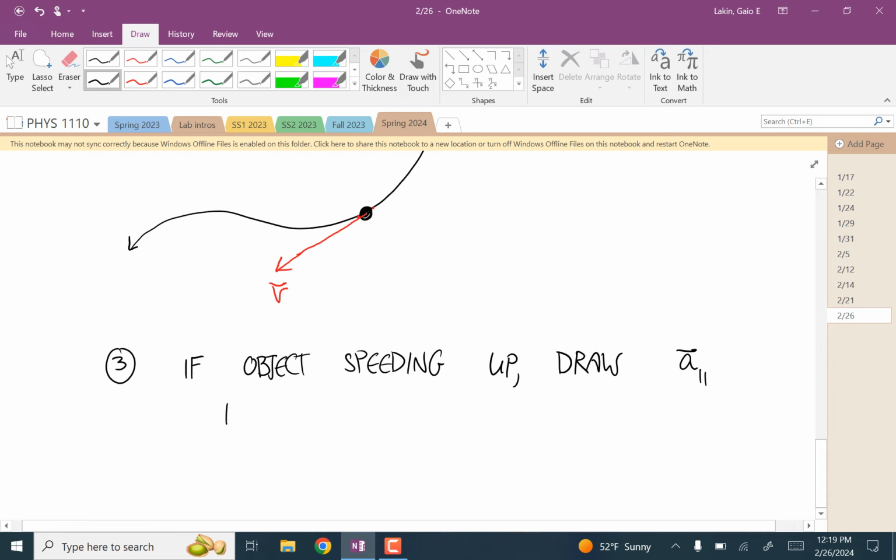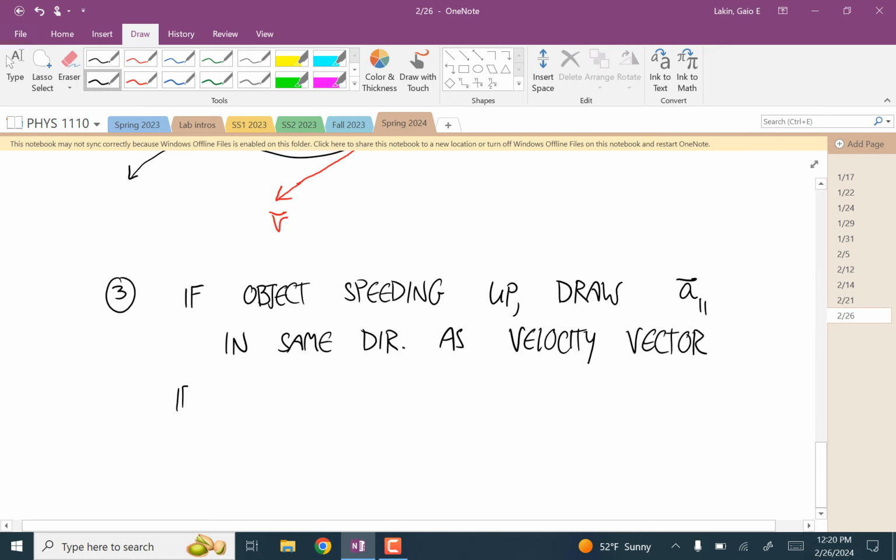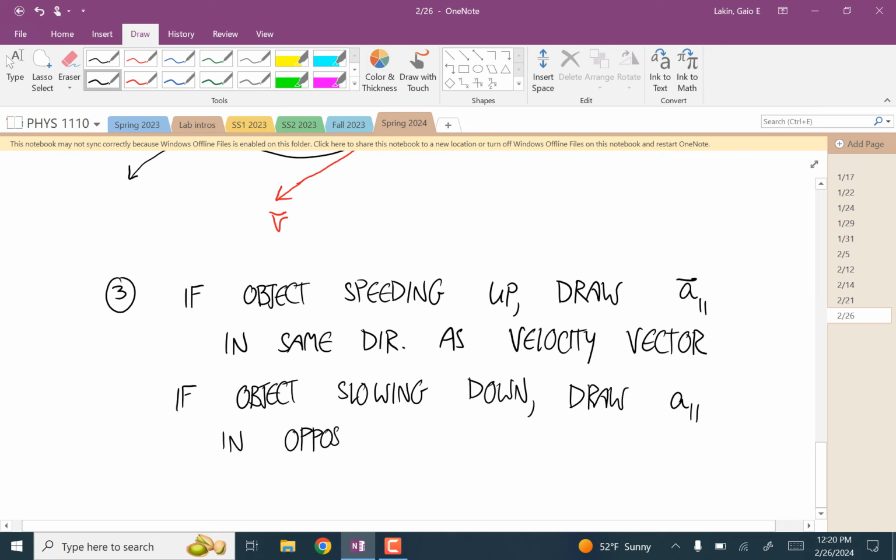Draw A parallel in the same direction as the velocity. And then on the other hand, if the object is slowing down, draw A parallel in the opposite direction of the velocity.